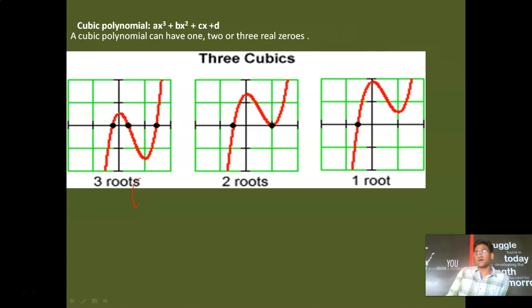Similarly, a fourth degree polynomial can have at most 4 zeros. Now students, in your syllabus not very much detail is there. From the examination point of view, the important topic that will start in the next lecture is the relationship between the zeros and coefficients of a quadratic polynomial.